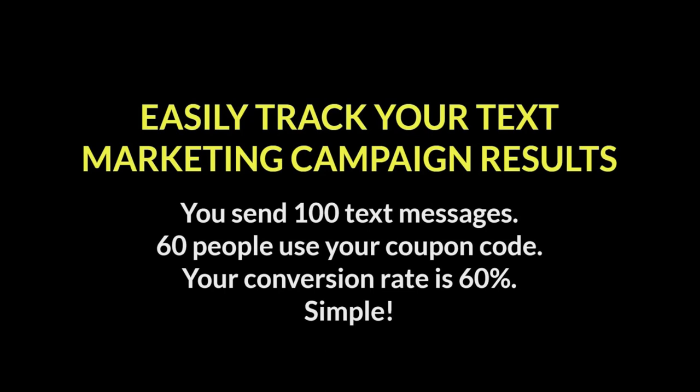The cool thing about text marketing is that we can rely pretty heavily on getting 40, 50, and even 60% conversion rates on our campaigns. Because like we just talked about, everybody's going to see our message, and so the conversion rates on those messages are also pretty high.